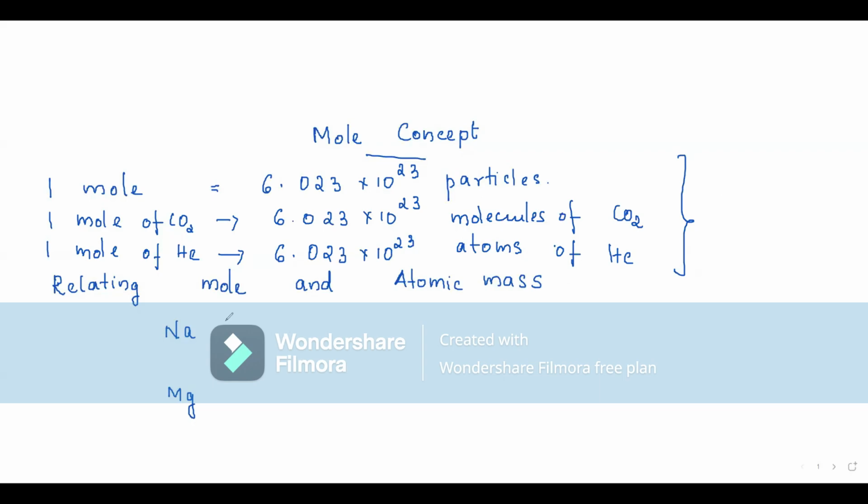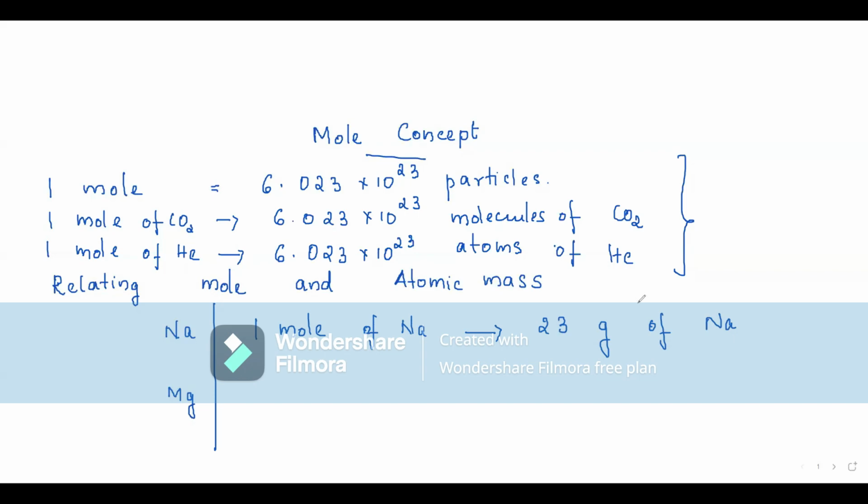Now, what is the relation between mole and atomic mass? Well, if I say 1 mole of sodium, then this will be equal to 23 grams of sodium.